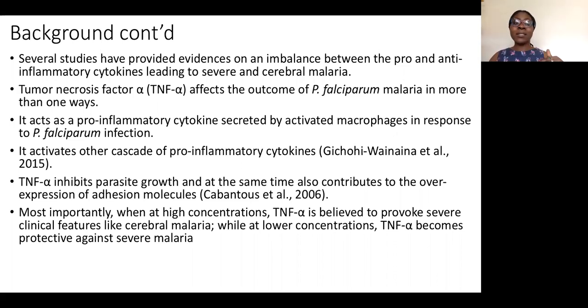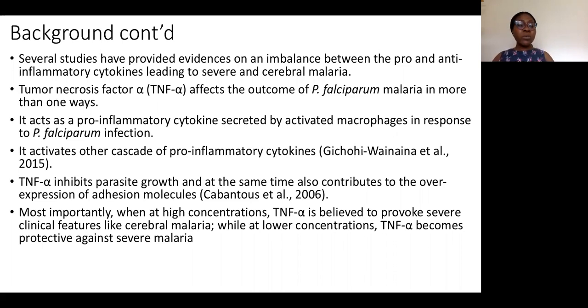In a bid to suppress parasite growth in the host, it becomes highly expressed. In that process of being highly expressed and clearing the parasite, it also causes damage to the human cells. So that's why we say it's a double-edged sword. While it tries to bring down the infection at higher expression levels, it also does harm to the body.